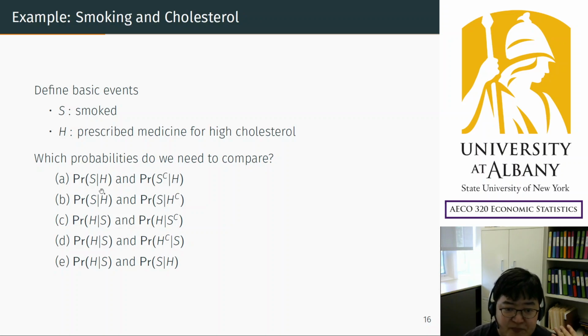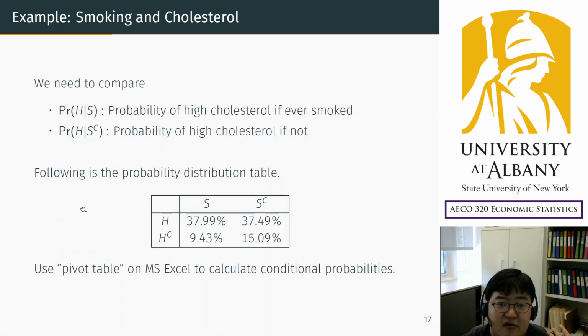That is, the condition should be S and S complement, and the main event should be high cholesterol. So C is the correct answer. We are going to calculate these two conditional probabilities and compare them to draw a conclusion.